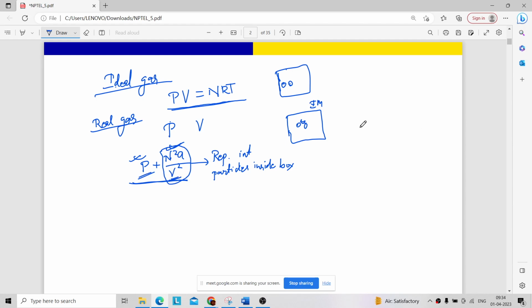Like I had a small box with volume V with pressure P. When this volume is increasing, the particles inside it get more space. Then they will put less pressure on the wall. So if volume is increased, pressure will decrease. So this part represents the interaction of the molecules between themselves.